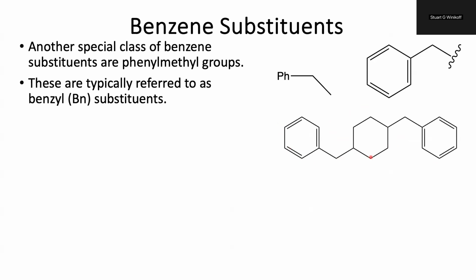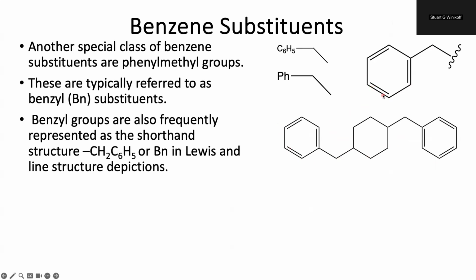Now, these are also typically referred to as a benzyl substituent. So again, this would be a benzyl group. And these benzyl groups are also frequently shorthanded as C6H5, but now with a CH2 in front of it, or written as C6H5-CH2 or phenyl-CH2.